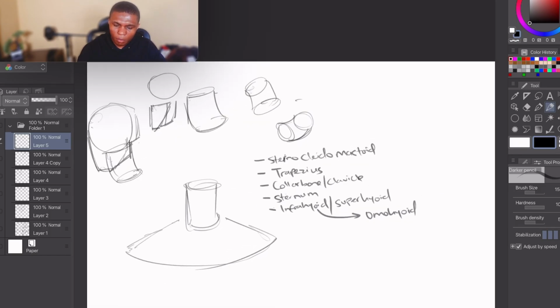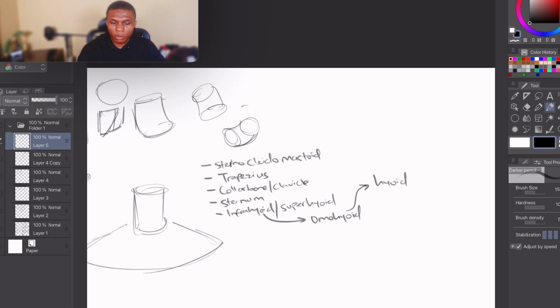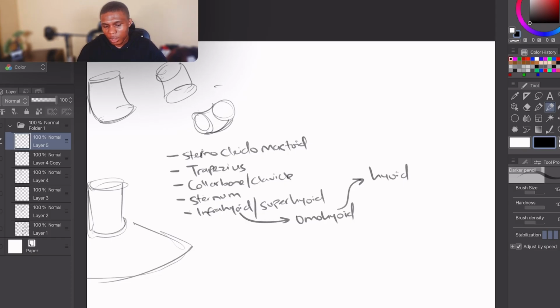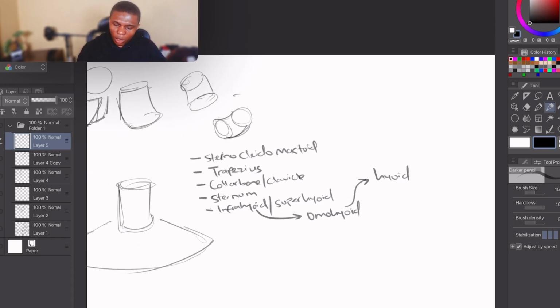So, of course, the neck has the hyoid bone. The hyoid bone is the only bone in the body that is not connected to another bone in the body. So the suprahyoid muscles are located just where the mandible is located.